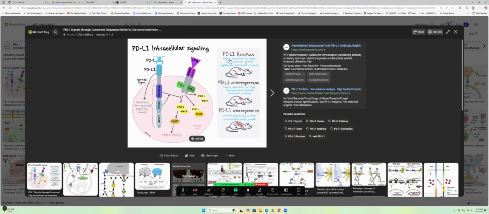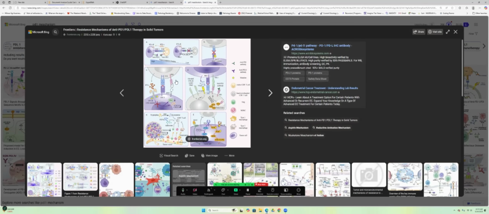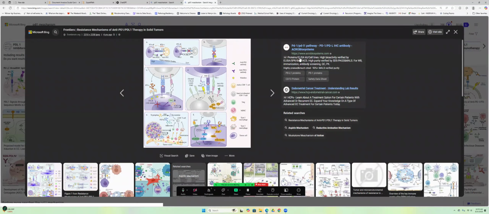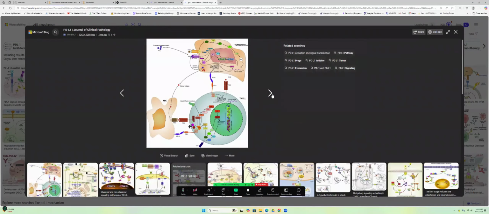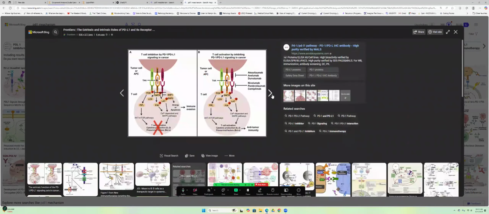So you see PD1 is found in the lymphocytes. Lymphocytes go to the tumor cells and bind their PD1 to the ligand. PD-L1 is on the tumor cells. By this binding, they activate the tumor cells to kill themselves. That's why the more lymphoid tissue you have, the better the prognosis.